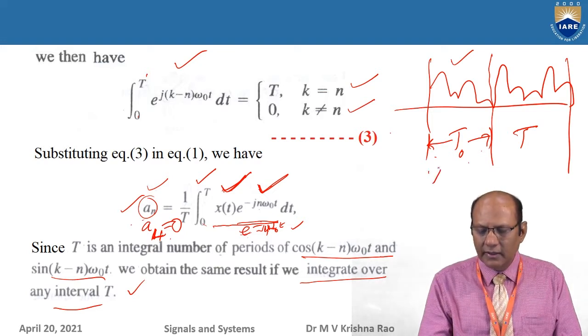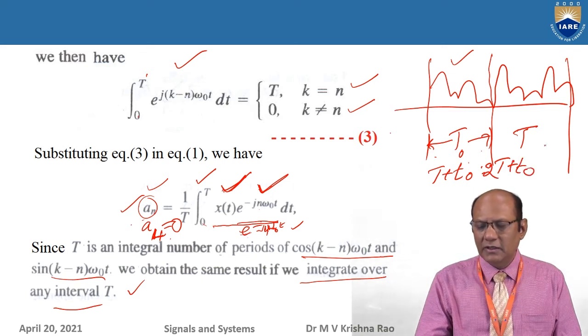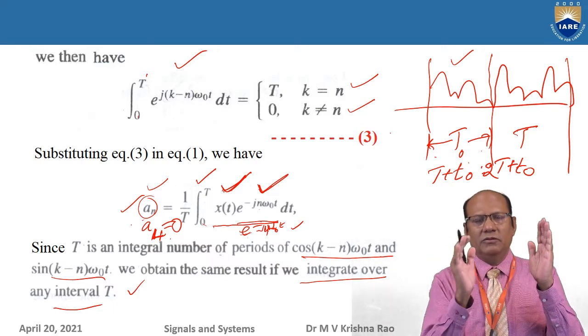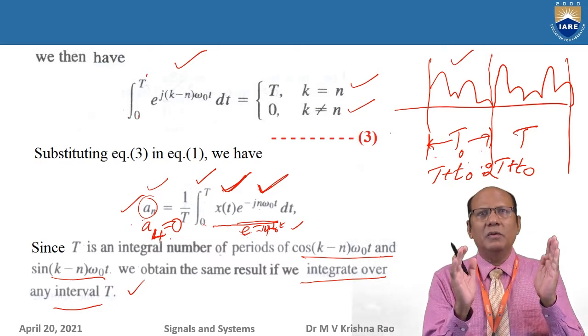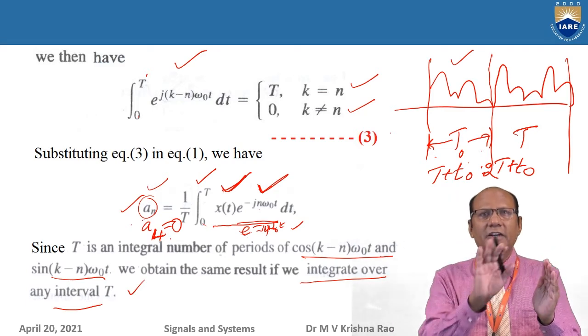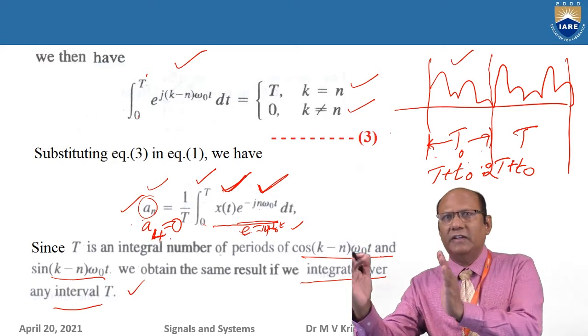I can take T plus some quantity, T plus T naught, to 2T plus T naught. That means between T and 2T, or between 3T and so on, you can choose randomly. What you require is one period of the signal, that's all, because it's periodic anywhere you go. For a sine wave, if we take one cycle, it need not be peak to peak, or 0 to 0, or the 45 degree point.